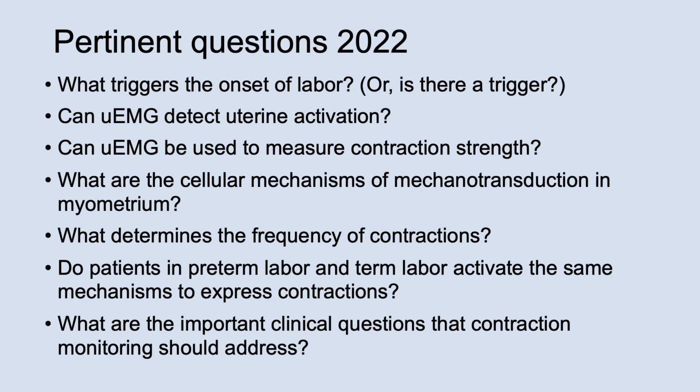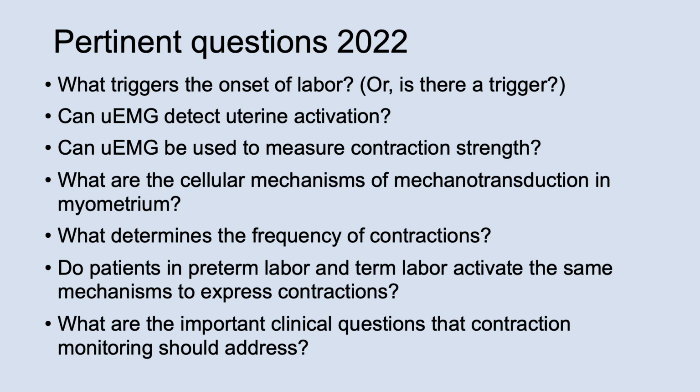This could be used in many areas, specifically for the diagnosis of preterm labor, but also in the term setting as well. If the mechanism of mechanotransduction is important, I think it's extremely important to find out what the cellular mechanisms are. If we can approach mechanotransduction pharmacologically, we may be able to stop at least coordinated contractions and decrease the strength of contractions.